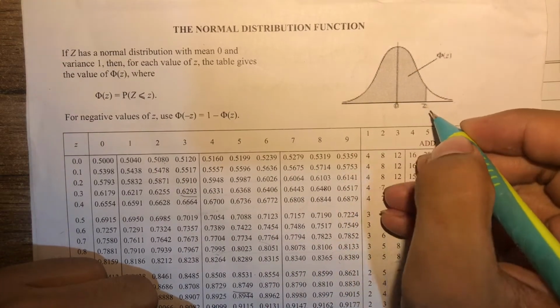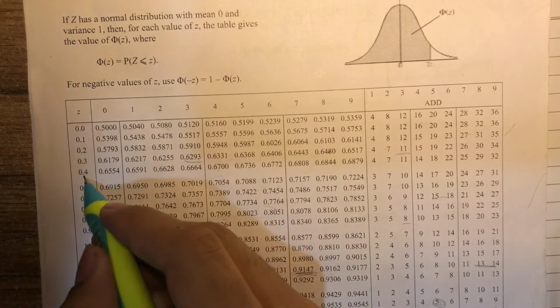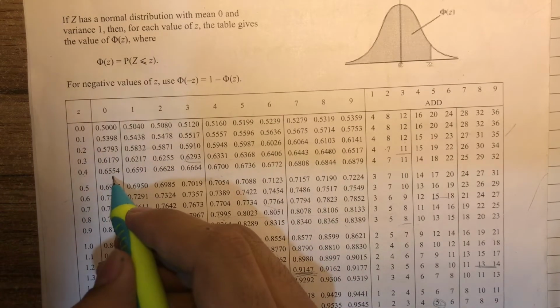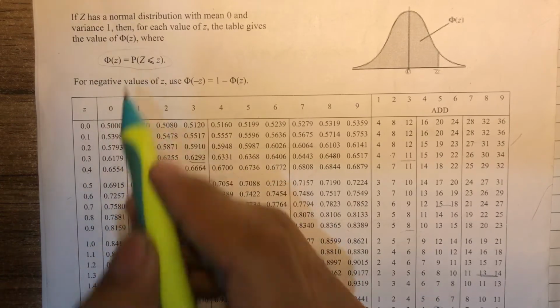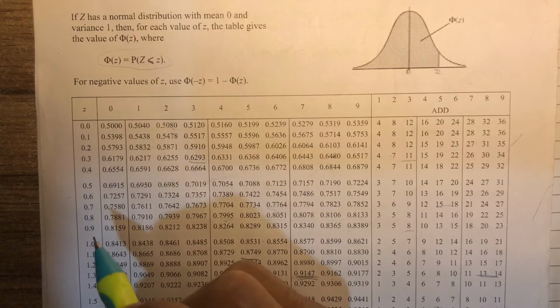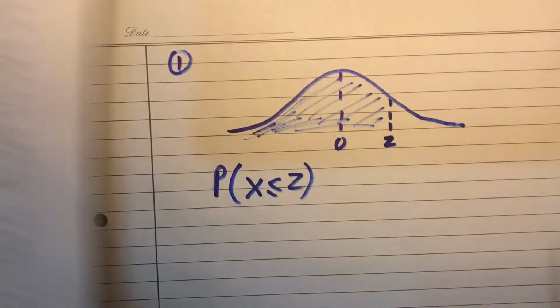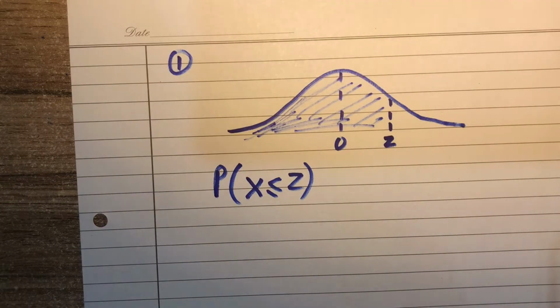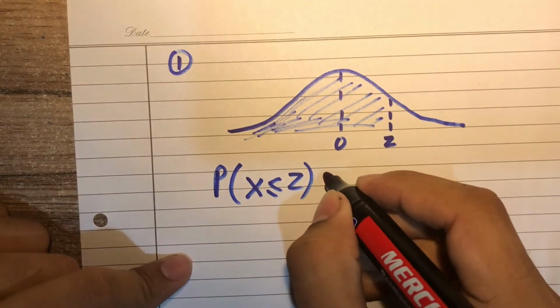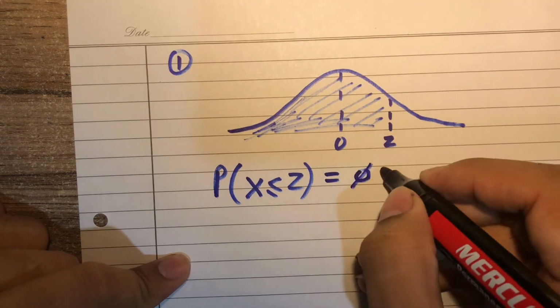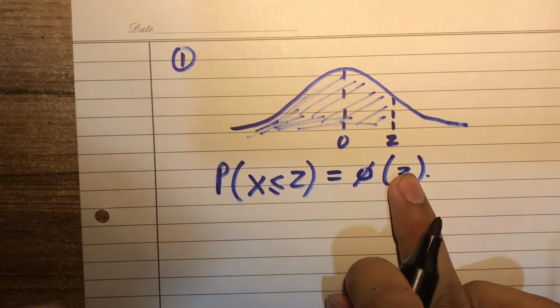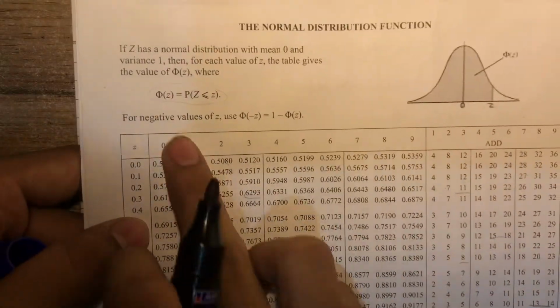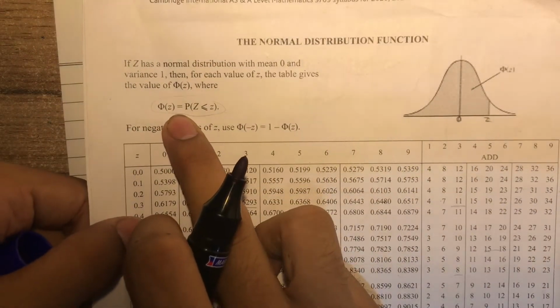So if z is, for example, 0.4, the probability is 0.6554, right? That is represented over here by this notation. So our first case is P(X less than or equal to z). That means we'll find the value for z in the table. That's represented like this, phi z.